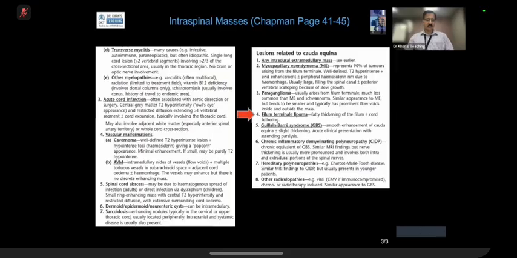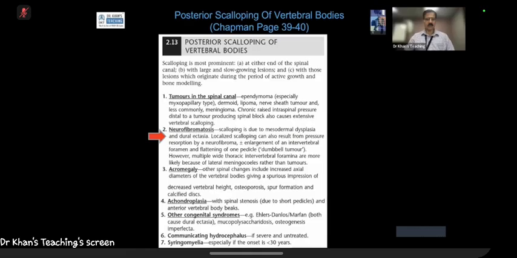Cord tethering is a potential surgical case, which means you have to refer to the neurosurgeons and they treat it. They will remove the connection with that lipoma, and the patient will become better.